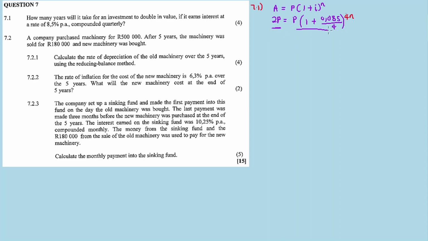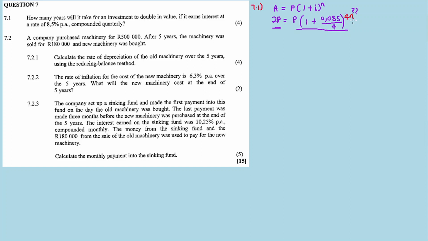So lana you divide by P, ngifuna calculate the value for N la. So accumulated amount is 2P. P remains P because it's the initial investment. 1 plus 0.085 divided by 4. We are going to divide by 4 la, because it's compounded quarterly, and then the number of years n multiplied by 4.